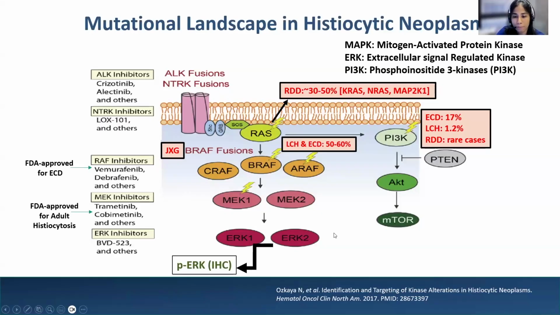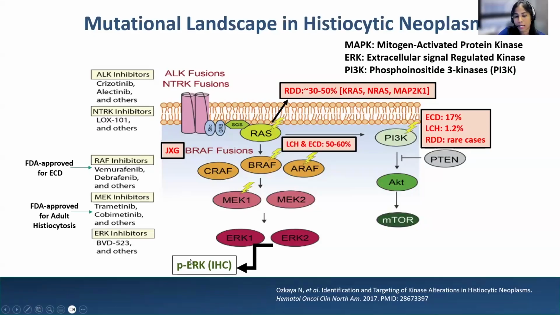Talking about the ERK pathway itself, in the majority of these neoplasms, given the MAPK involvement in the pathogenesis, there is sustained ERK activation, and we can actually evaluate this ERK activation by immunohistochemistry using phosphorylated ERK. It's called phosphorylation of ERK protein because it measures the activated kinase domain of the MAPK pathway and not the total ERK protein on the tissue neoplastic cells.